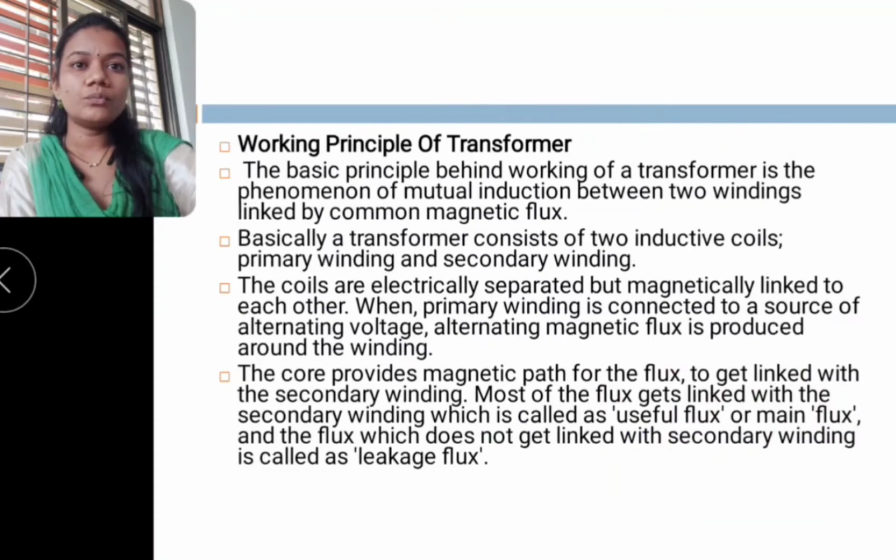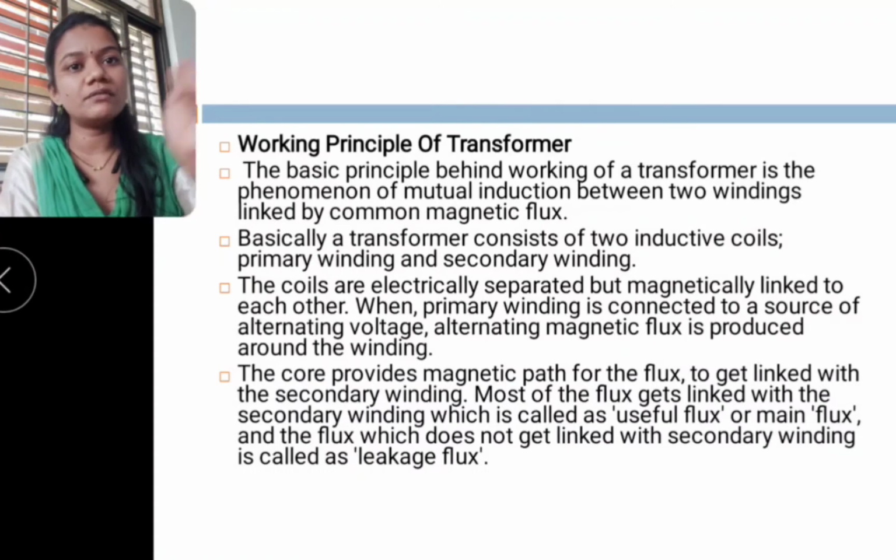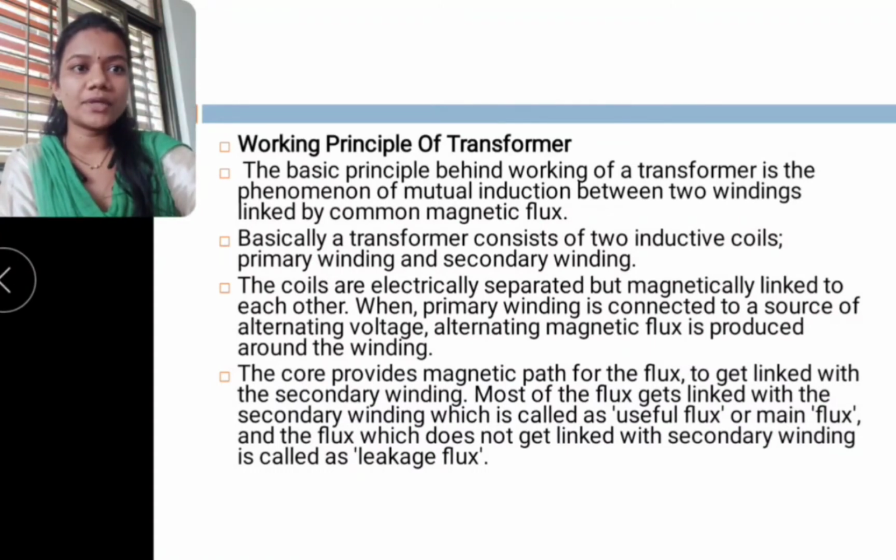Now, on what principle does a transformer work? This is the working principle of a transformer. The basic principle behind the working of a transformer is the phenomenon of mutual induction between two windings. Just now we saw that there is a primary winding and a secondary winding. Based on these windings, the working principle depends on mutual induction linked by common magnetic flux.